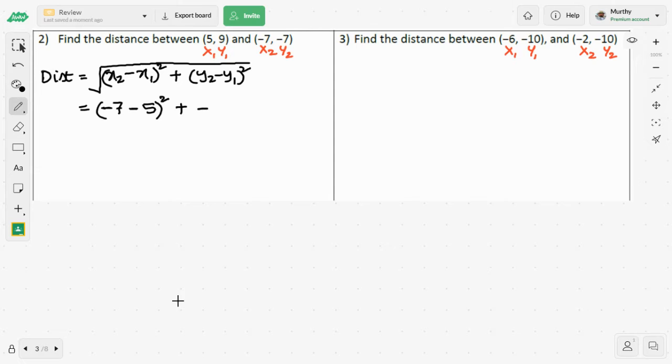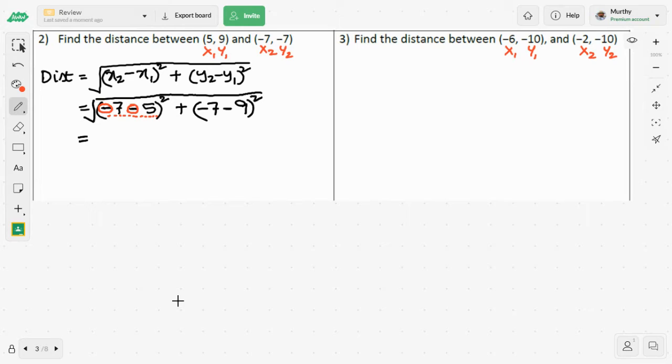Therefore, -7 subtract 9. Thankfully, there is no double negative sign. And here, let me not forget to keep the square root sign. So -12 and -16. Most of you think, let me subtract, so 7 take away 5 is 2. It is not exactly so. Actually, these two values have the same signs. Please see that both have the same signs.